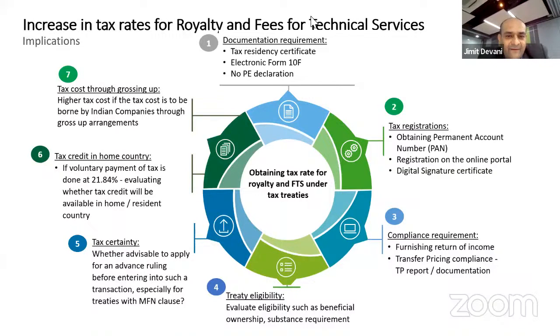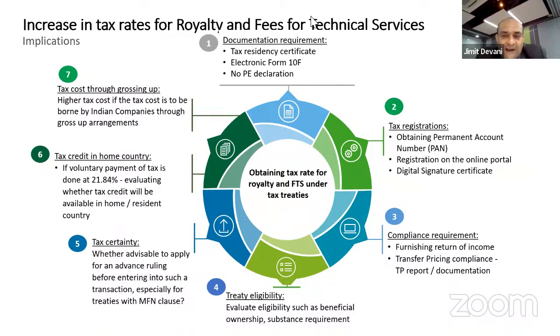Then can we file 10F manually till 30th September? Manual filing is allowed only if you do not have a PAN. Then you can collect it manually till 30th September. If you have a PAN, you have to compulsorily register. The foreign company is supposed to register before 30th September. If the foreign company is not registering, the Indian party can say, sorry, I will treat you as if there is no 10F.